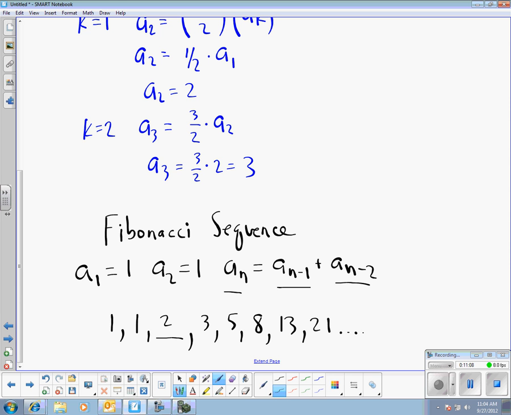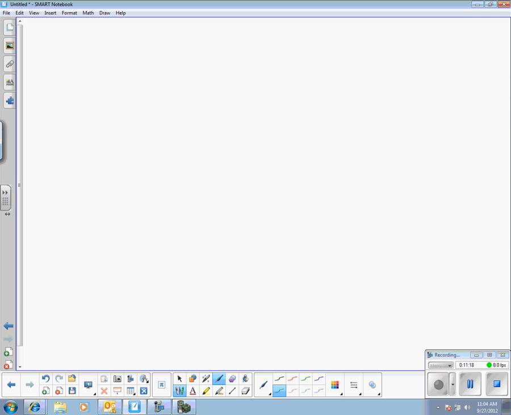Okay? One more little thing I want to discuss with you is factorials, because a lot of our work with sequences and series will involve factorials.